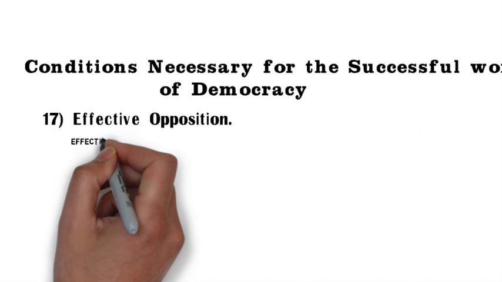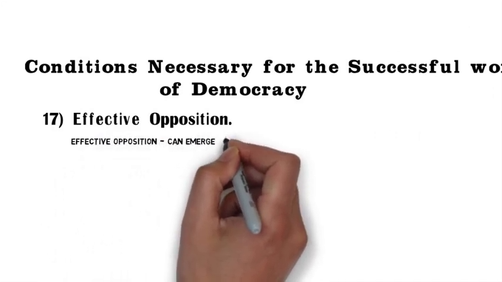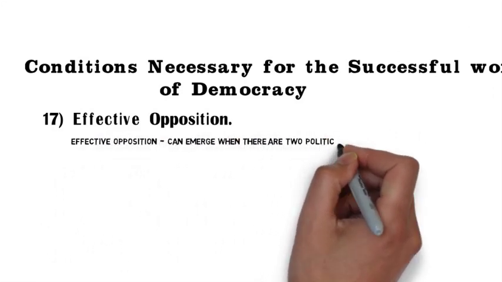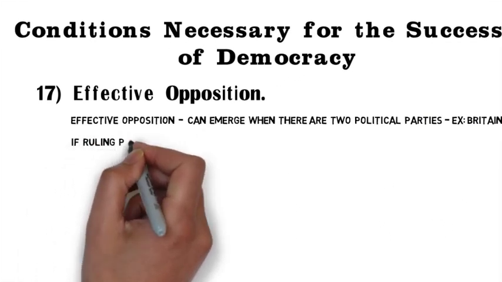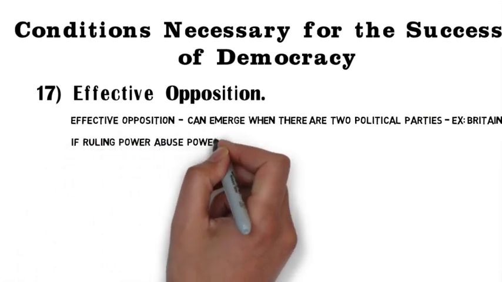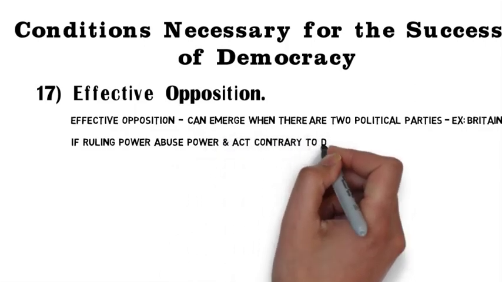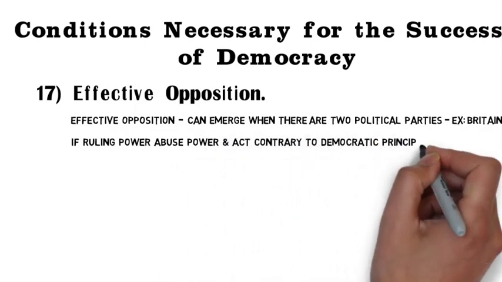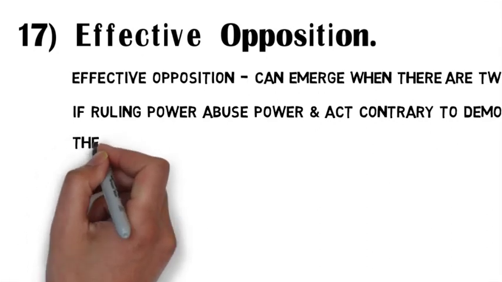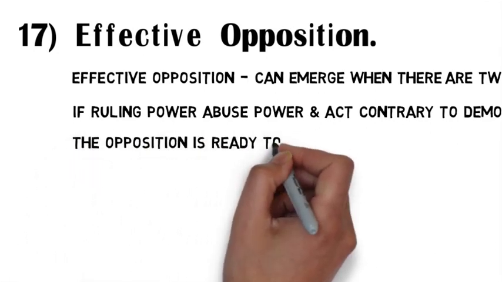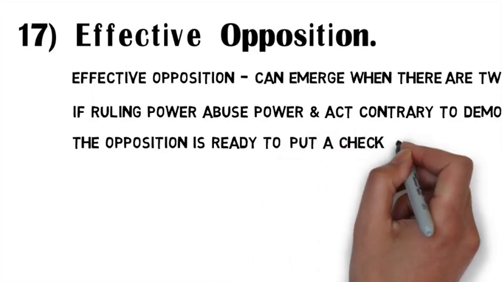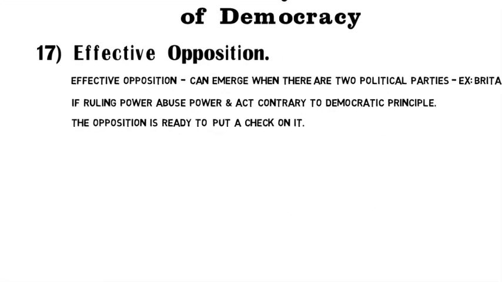An effective opposition can emerge when there are two political parties, for example as in Britain. If the ruling party abuses power and acts contrary to democratic principles, the opposition is ready to put a check on it or overthrow it and form its own government in a democratic manner.